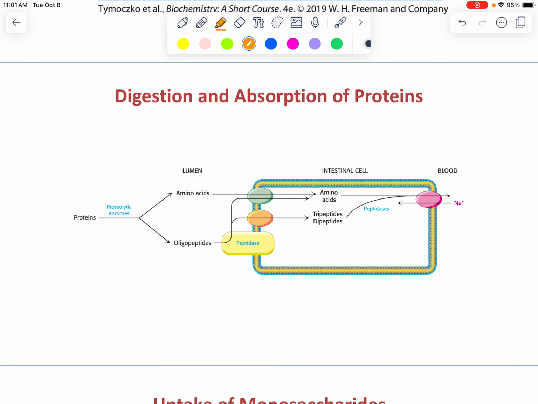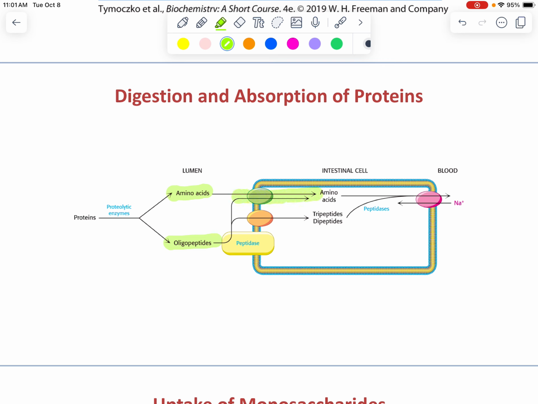All right, we're going to look at proteins first. Proteins are going to be acted upon by these enzymes, and they will get broken down either fully into amino acids or into oligopeptides. The amino acids can be ported into the cell right here.